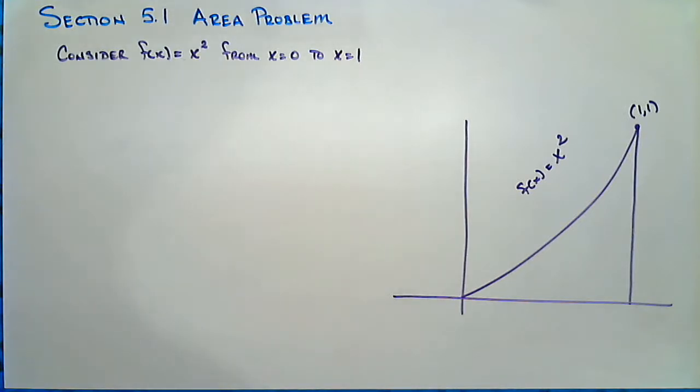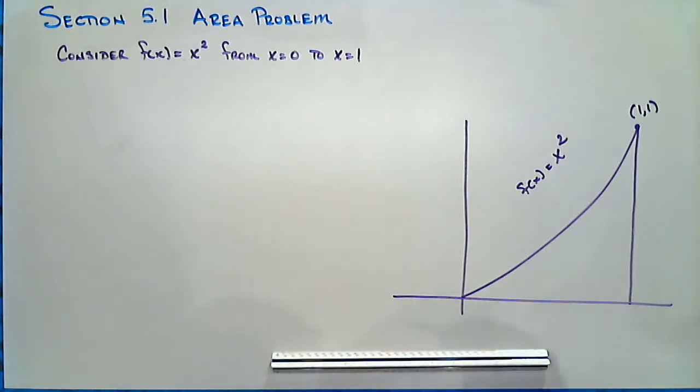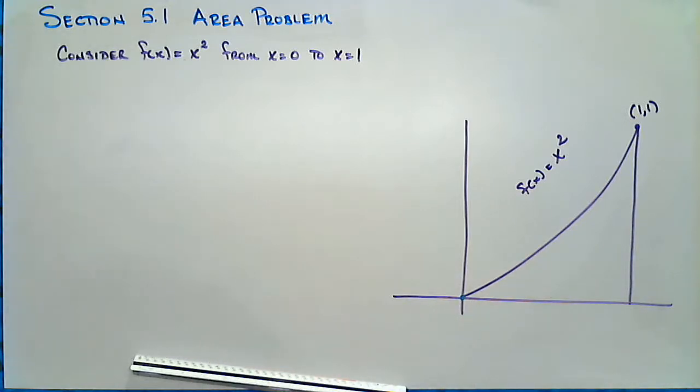Okay, that's our goal. That's our task. Now, you and I have already determined that one rectangle is probably not the best approach. If we were to just, I'll use a ruler here, if we were to just do one rectangle, let's just start with the obvious. This is our left-hand endpoint of our region right here.